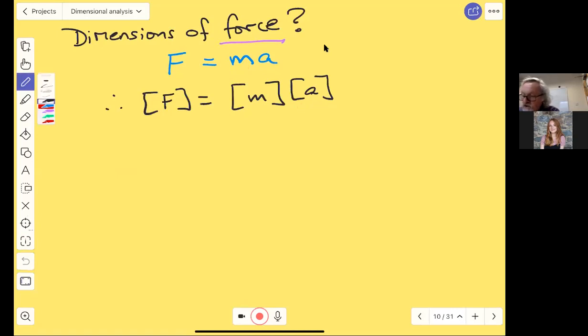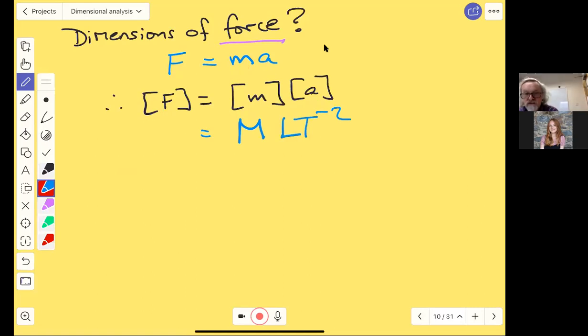So the dimensions of force are going to be capital M for the dimensions of mass, and the dimensions of acceleration, you remember that? Dimensions of acceleration were L t to the minus 2. So that is the dimensions of force. So any expression for force must have those dimensions.